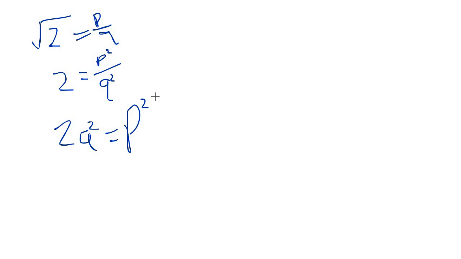So from here, we can write p as 2r, 2 times r, where r is some integer. And this means that 2q squared now equals 4r squared, where r is an integer.